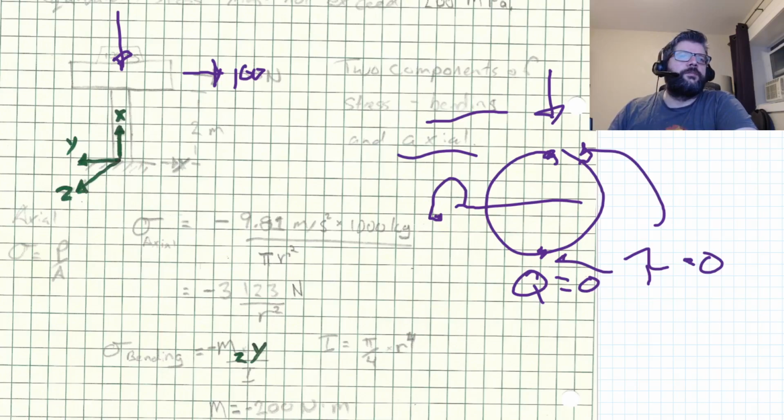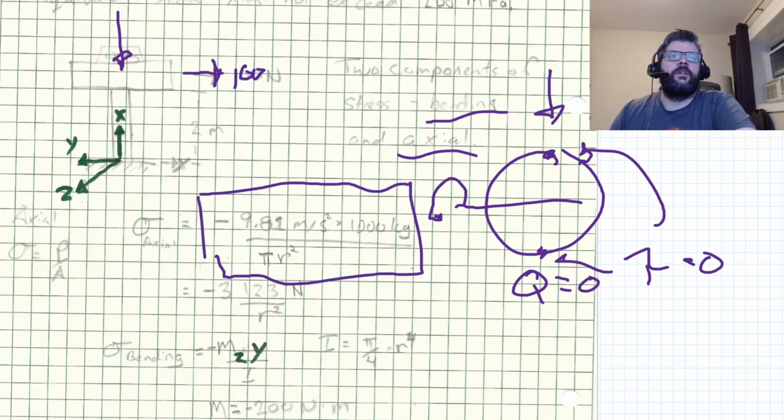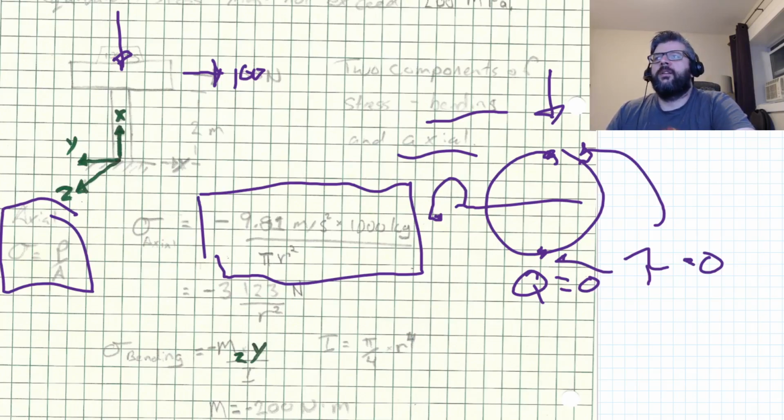So we're only, in this instance, worried about the axial and the bending. So for the axial, the stress is given by the force divided by the area. In this instance, we're given the mass. It didn't say where it is, but let's assume it's somewhere on Earth. So our g can be approximated as 9.81 meters per second squared, and the mass is 1,000 kilograms.